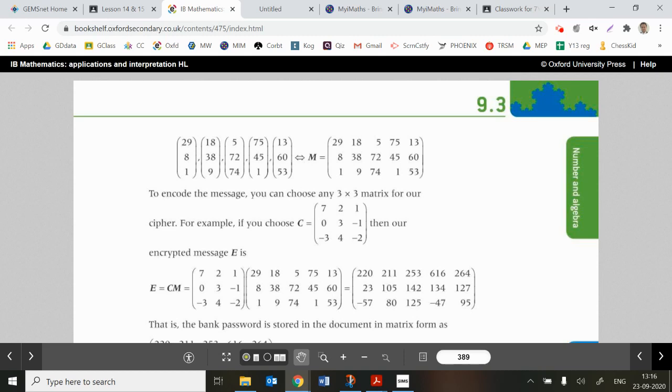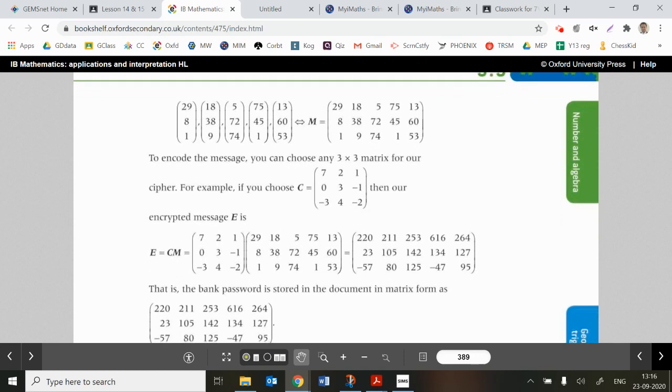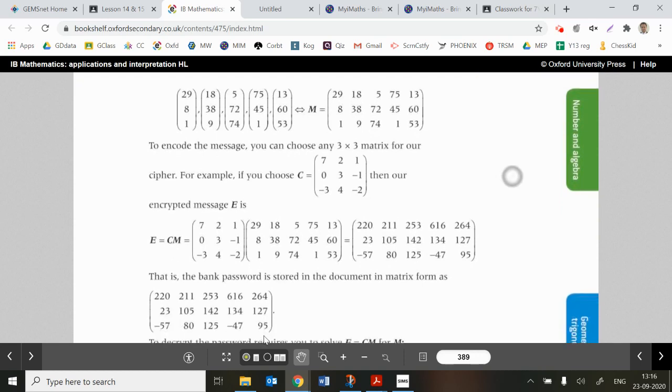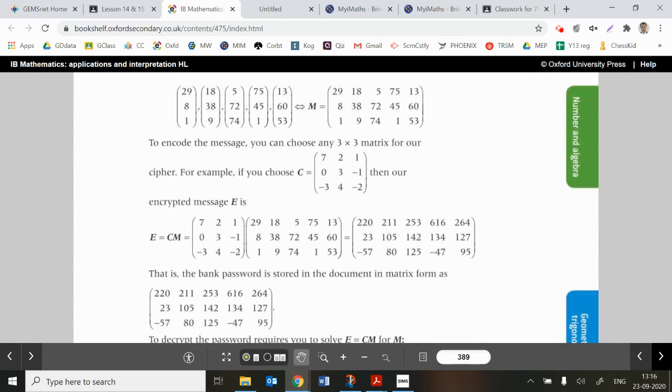Okay, and then to encode a message, you can choose any 3x3 matrix, and you can apply that encryption cipher, which they're calling C, to your message. So you're doing C times M, and that's going to give you a new 3x5 matrix.